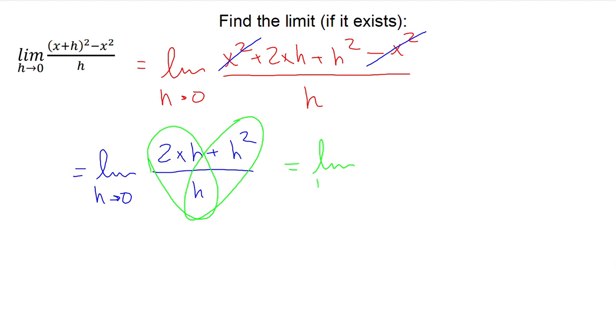So if we do that, we get a limit as h approaches 0 of 2xh divided by h is just 2x, and h squared divided by h is just h. Well, as h goes to 0, we just end up getting 2x, because the h term is 0. And that's our final answer.